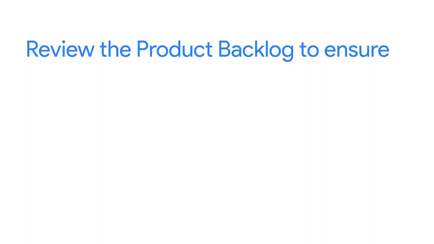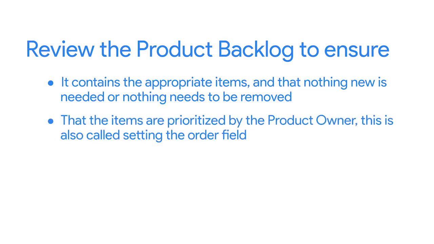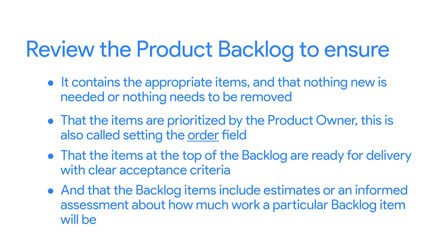Backlog refinement is when the product owner and some or all of the Scrum team review the backlog to ensure it contains the appropriate items and that nothing new is needed or nothing needs to be removed, that the items are prioritized by the product owner. This is also called setting the order field, that the items at the top of the backlog are ready for delivery with clear acceptance criteria, and that the backlog items include estimates or an informed assessment about how much work a particular backlog item will be.